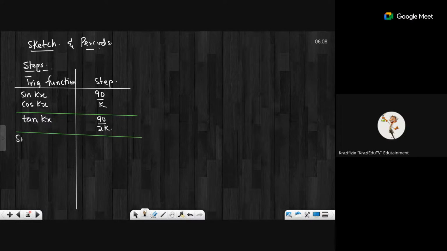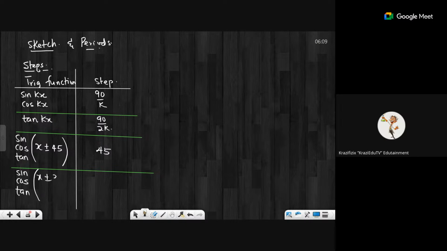If I am working with sine x plus or minus 45, if the examiner gives that, then your step will be 45. The 3 important things that I will tell you: sine, cos, tan. If it is x plus or minus 30, x plus or minus 60, step will be 30 degrees. It allows you to get your turning point, allows you to get your intercept, and a perfect shape. Please take note of that.